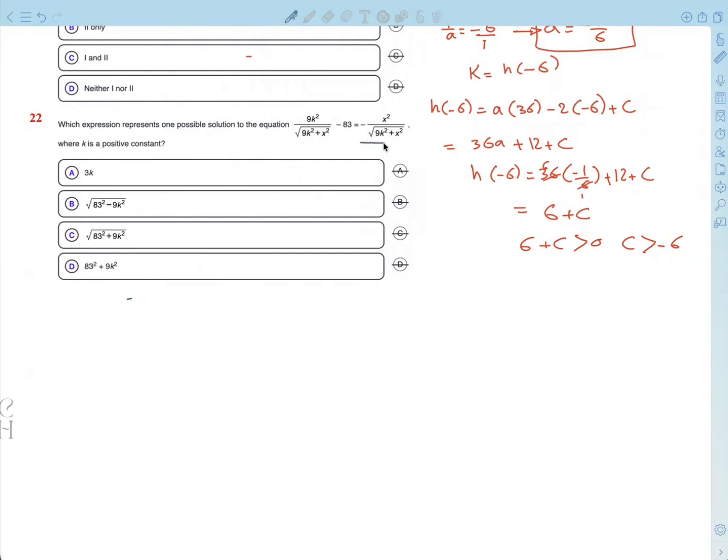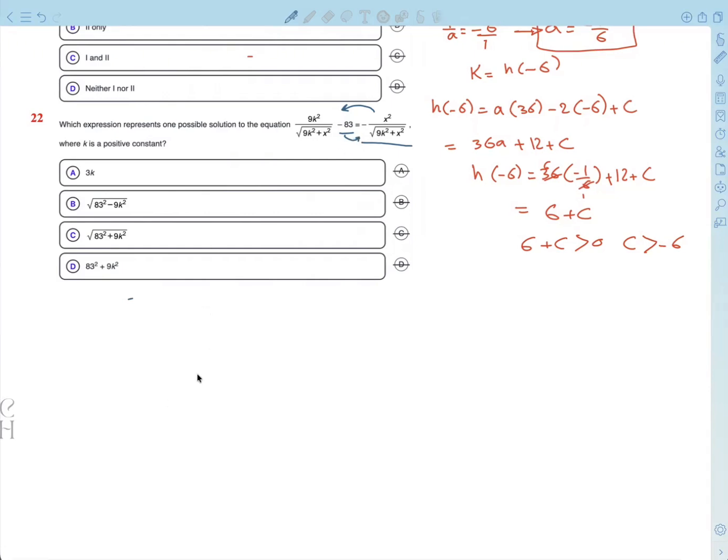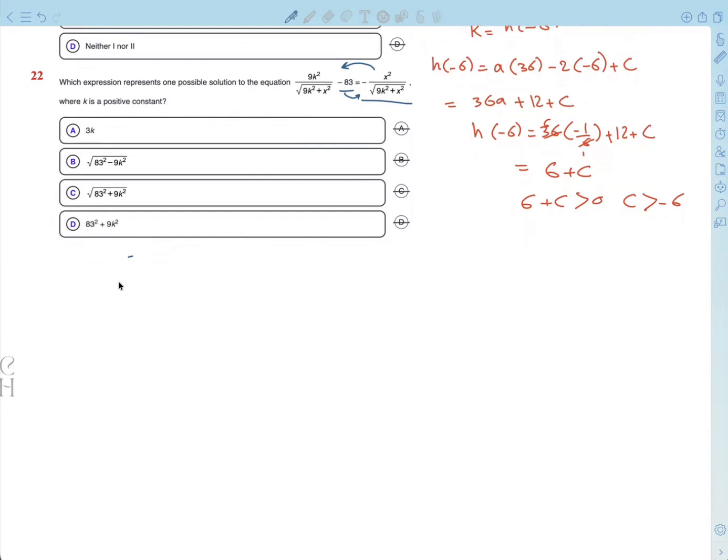Okay, so I will move the right-hand side to the left-hand side with the opposite sign, and also move negative 83 to the right-hand side with the opposite sign. So I write it down: 9k squared over root 9k squared plus x squared, plus x squared over root 9k squared plus x squared, equals 83.